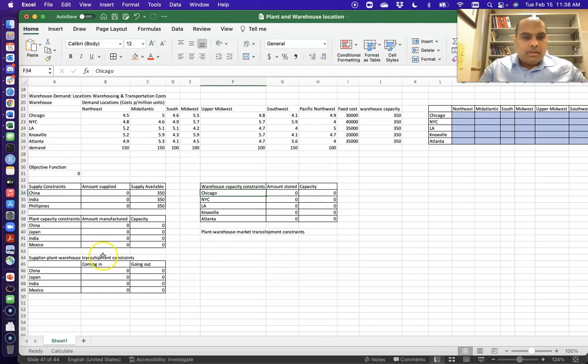Right? So the transshipment is happening through the warehouses. So again, I'm going to have my warehouses here. Say coming in and going out.